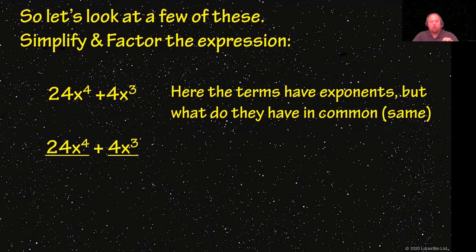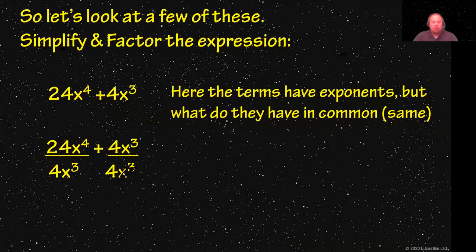And with the numbers, 24 and 4, do they have a common factor? Yeah, 4 goes into 24. It's a multiple of that, so I could divide both of them by 4. So I'm going to divide them both by 4x to the third power. When I do that, it's going to cancel out.